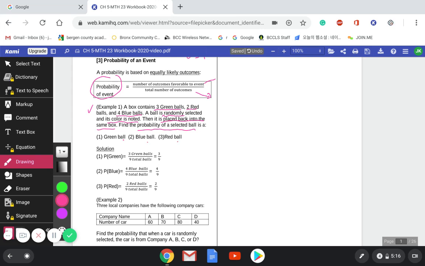So how do you find the probability that when you pick a ball, it happens to be a green ball? In ratio, it is the number of green balls out of the total number of balls.